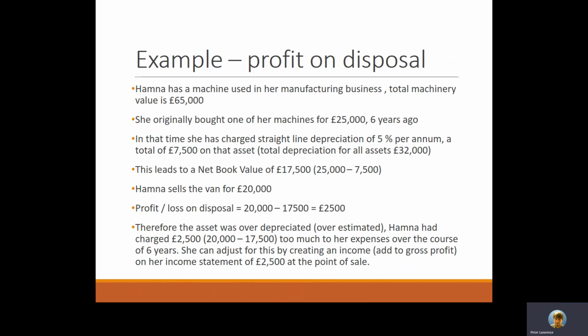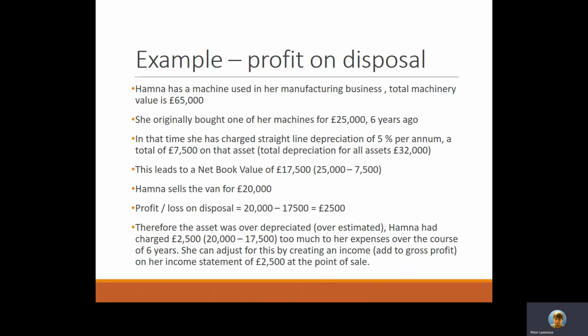So she's been creating too many expenses, and that has reduced her profit by too much. So when we sell the asset and we work out the profit on disposal, then what we're going to do with that extra profit, the overestimation of depreciation, is we're going to add it to gross profit, creating an income on the income statement, and that will increase our profit.